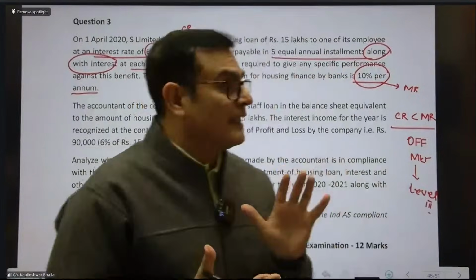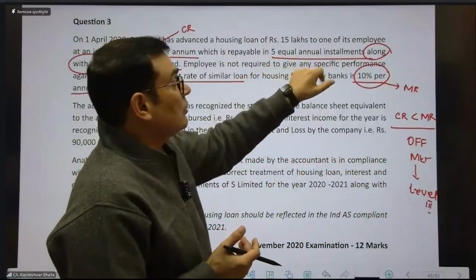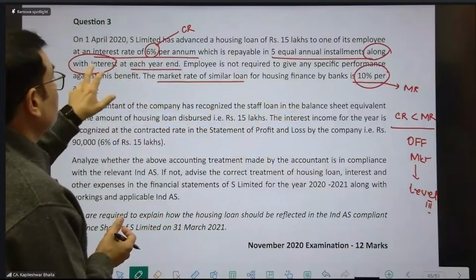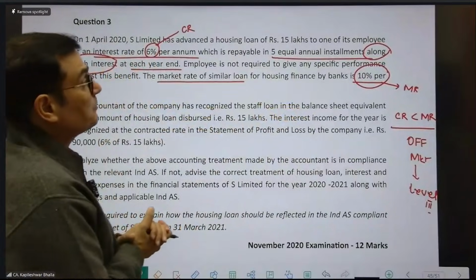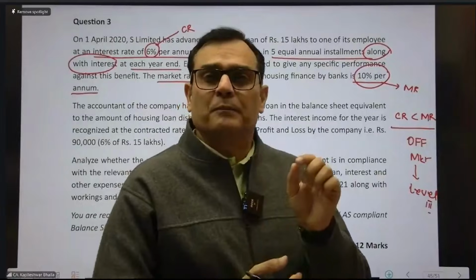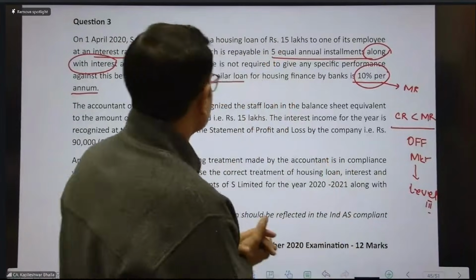So we need to interpret the language that you're paying the money in 5 equal installments of principal, and then you're also going to pay the interest. So this is paid not in 5 equated installments, but in 5 equal principal installments of the loan.